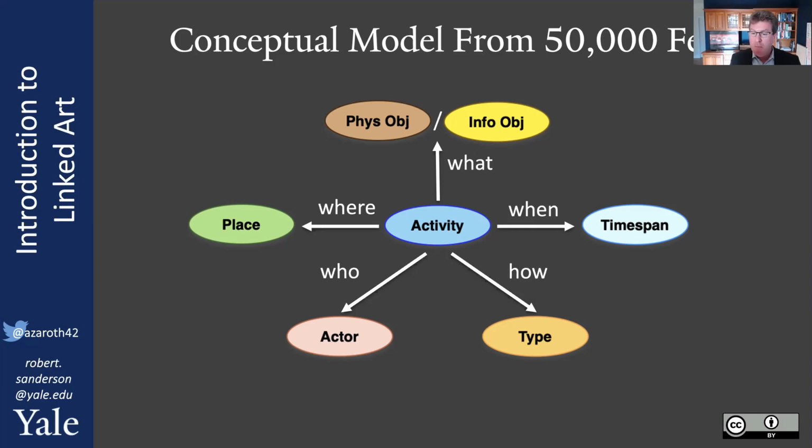These occur in time. They can occur in different methodologies. They have different techniques, which are types. They are performed by actors, be they groups or people, and they occur at locations. We then further refine this as part of both the CRM and Linked Art to be more appropriate to the domains.